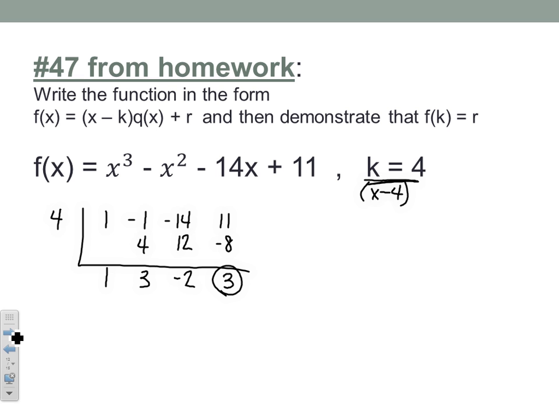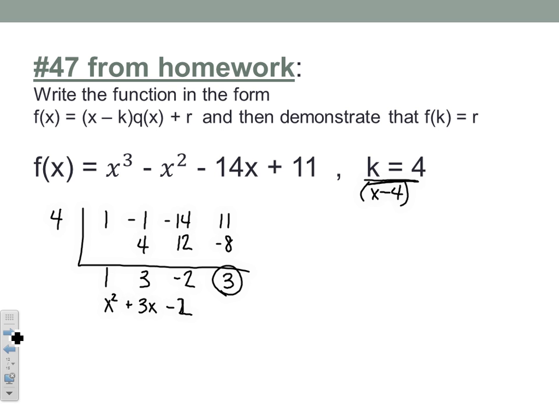So how can I write then the function of that form that they asked for, that f of x is equal to x minus k times quotient? Well, let's make our numbers here from our synthetic division back into a polynomial. If I've got 3 terms here, I've got a 1x squared, I have a 3x, and I have a minus 2.